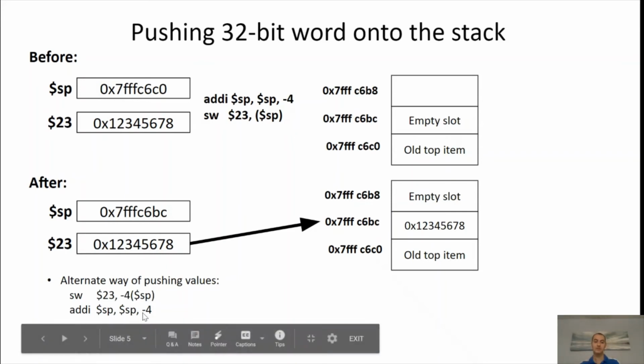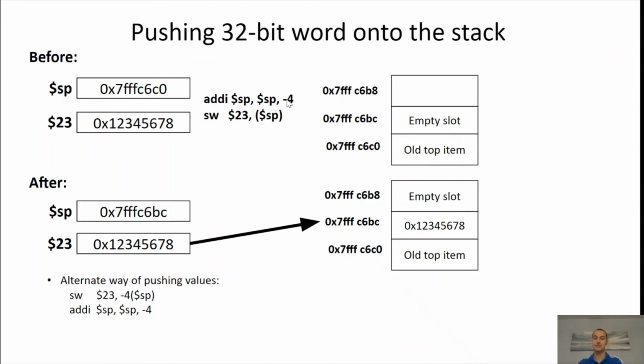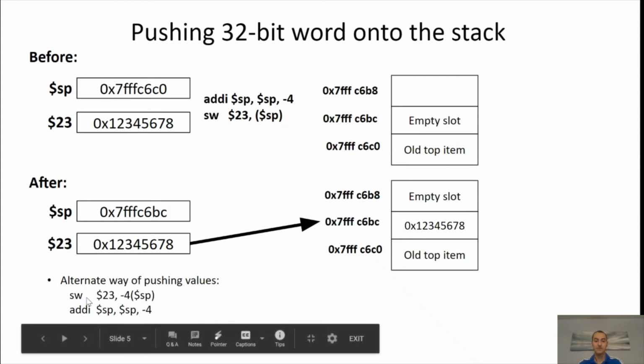Let's look at the other way of doing this. It's the same concept, it's just different in the code. Here we first move the stack pointer, and then we use the save board to take this content and copy to that location. Alternatively, we could have first done the save board, but with the offset of -4.